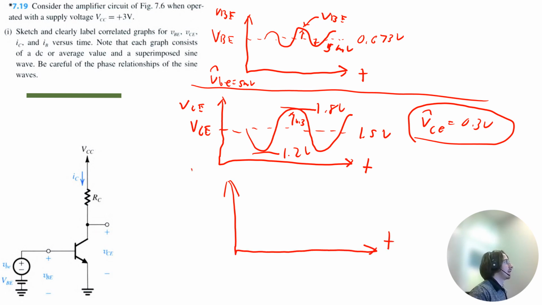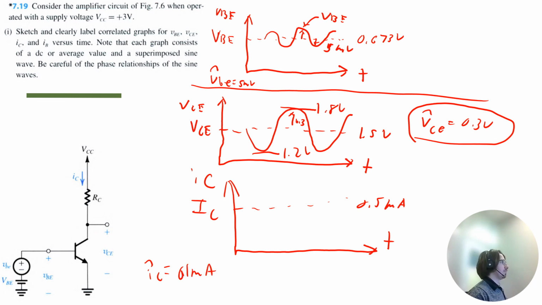We have our collector current graph, so our DC value was 0.5 milliamps. And our small signal amplitude was 0.1 milliamps, if I remember correctly.